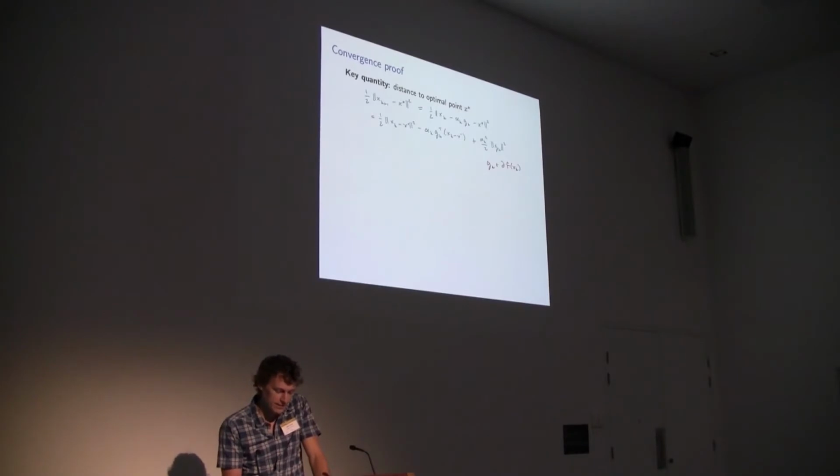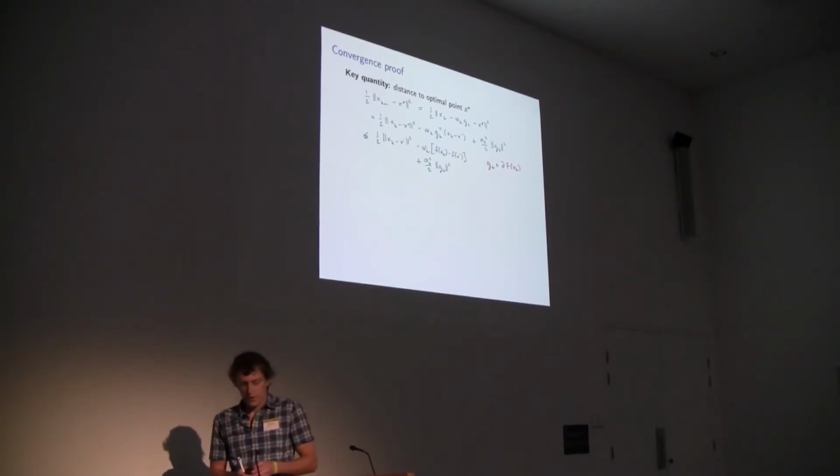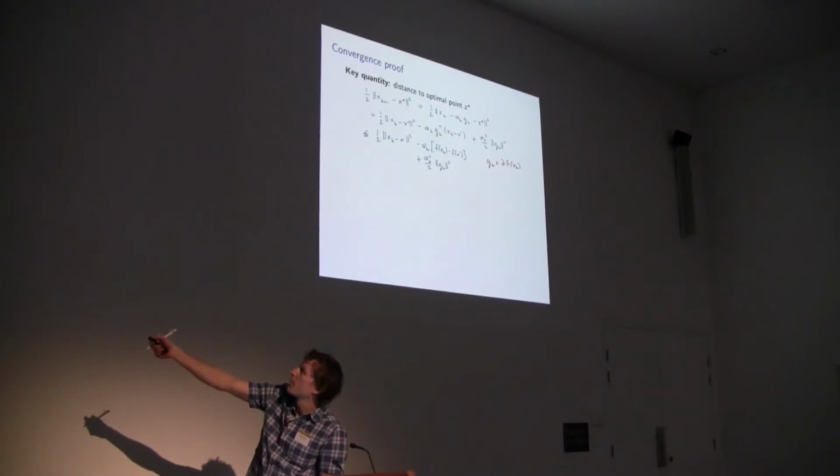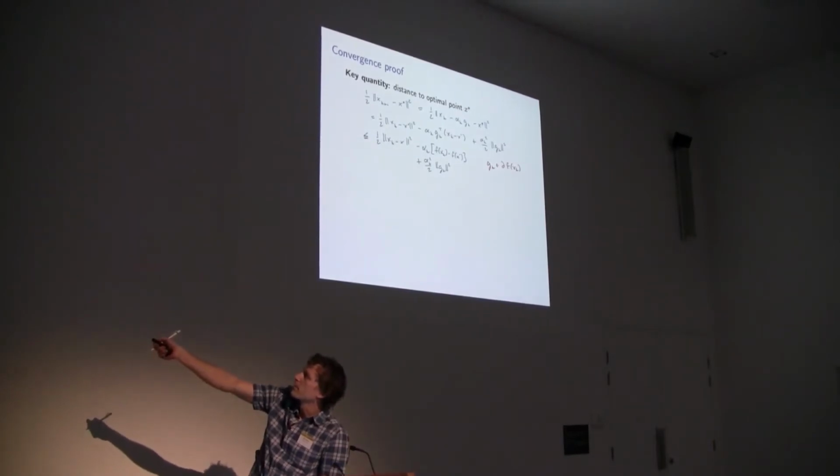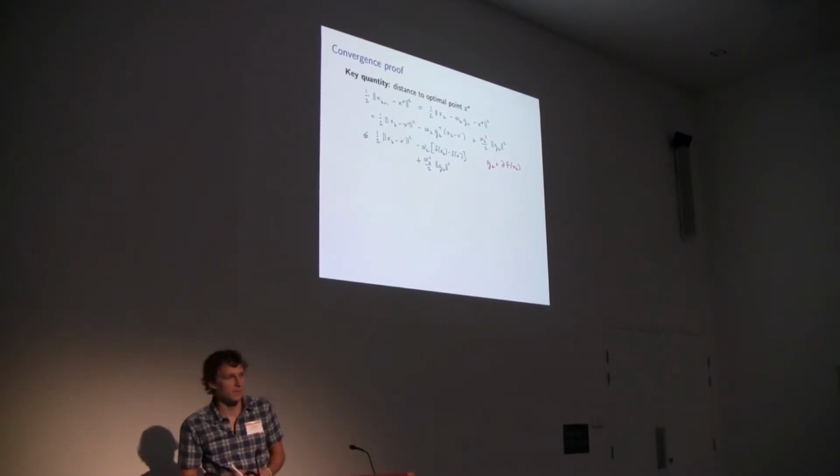And so we have that this is now less than or equal to 1/2 ||x_k minus x star||squared minus alpha_k times the quantity f(x_k) minus f(x star) plus alpha_k squared over 2 ||g_k||squared. All right, so the point is that if you are far away from the optimum, you make a lot of progress, and otherwise maybe you don't make that much progress, but that's okay, you're close to the optimum anyway.